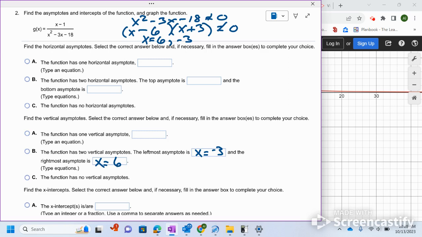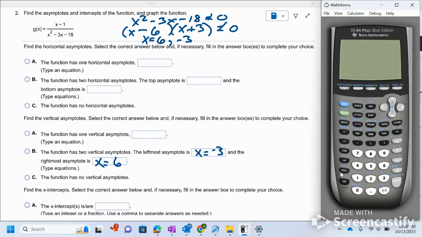So if I graph it, I could grab my graphing calculator, go to y equals and delete.